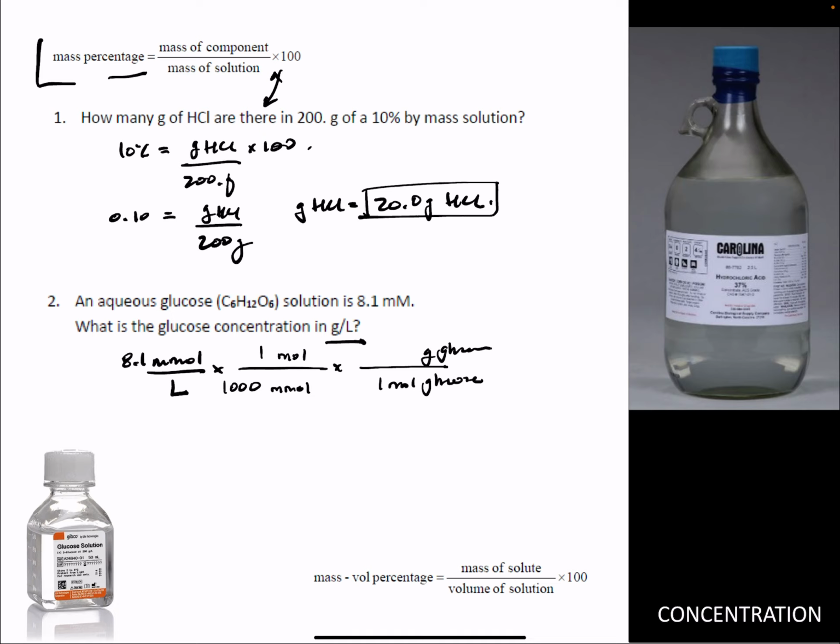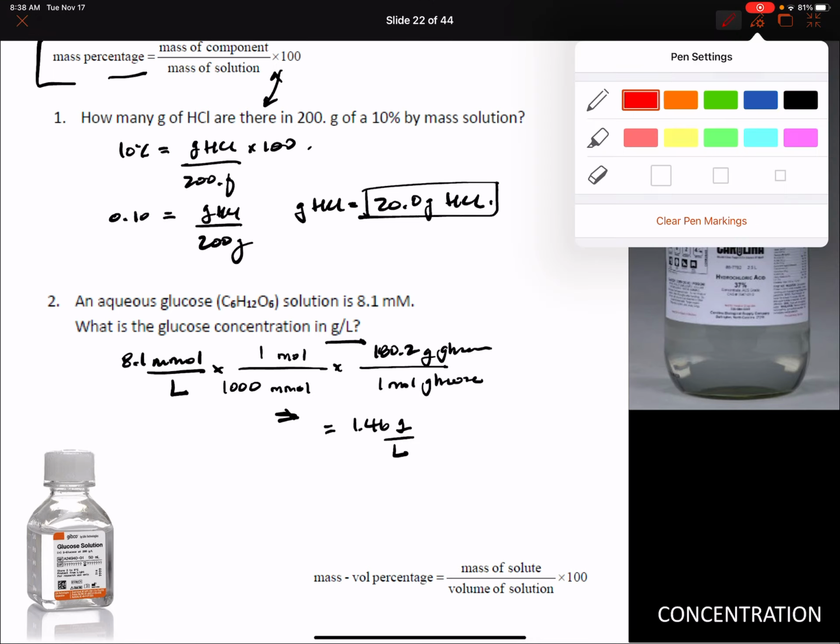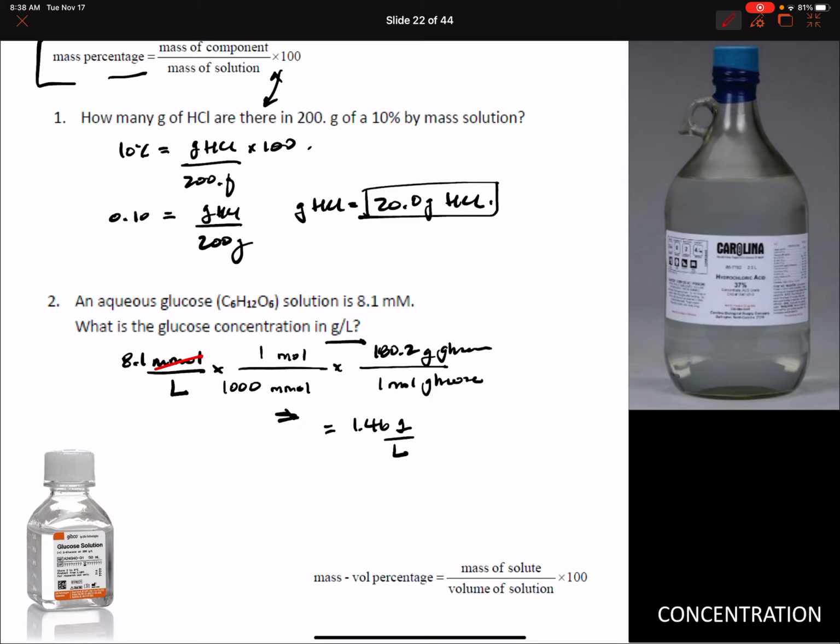The molar mass of glucose is 180.2 grams, from the periodic table. If I punch that all in, I get 1.46 grams per liter. Let's double check: millimoles canceled millimoles, moles canceled moles, and I'm in grams per liter. Check. So an 8.1 millimolar solution is 1.46 grams per liter.